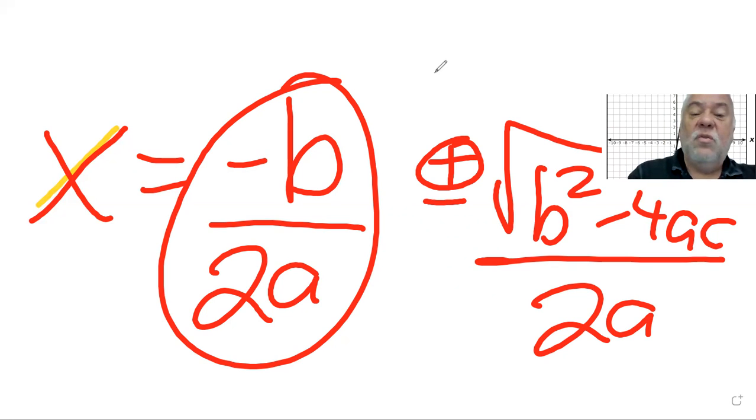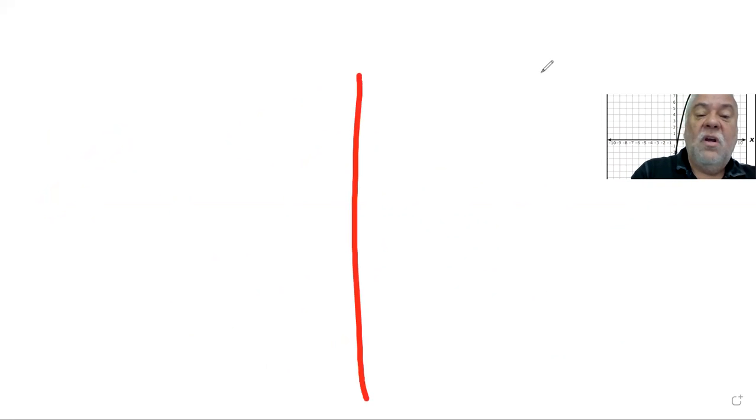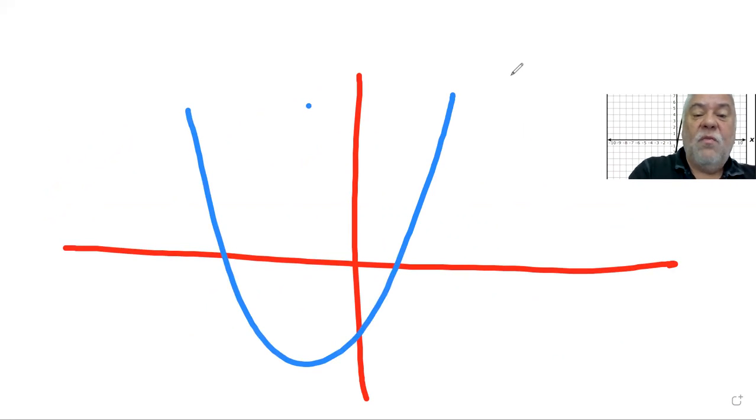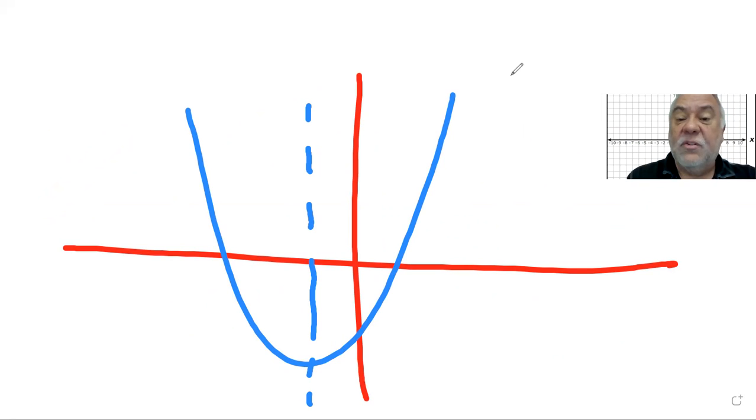So it's not too difficult to understand once you realize that. If I have a quadratic, the minus b over 2a is this axis of symmetry. And when you add that term on the right, the square root of b squared minus 4ac over 2a, it gives you that root.